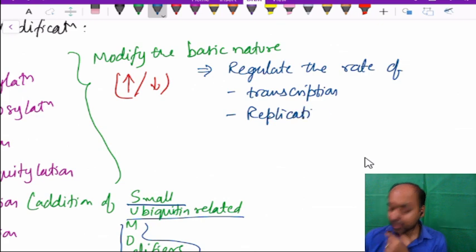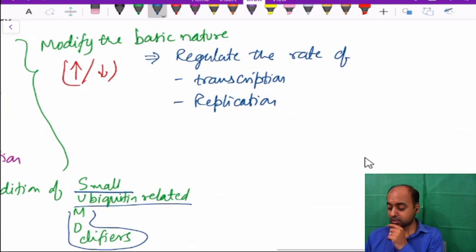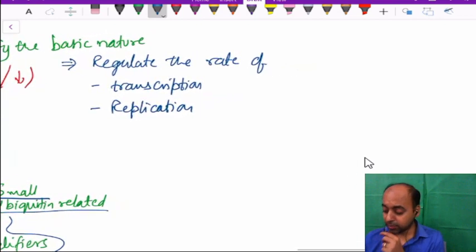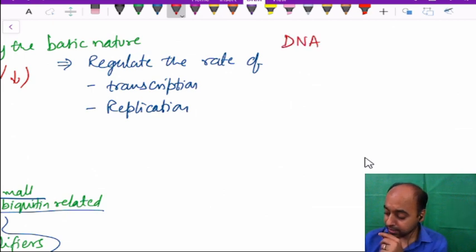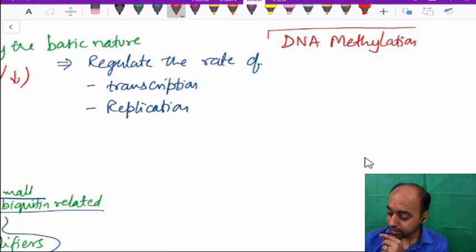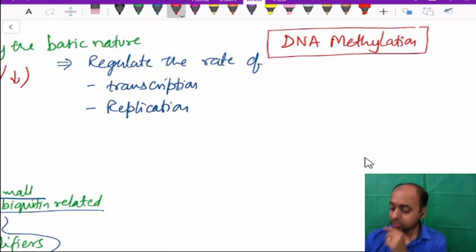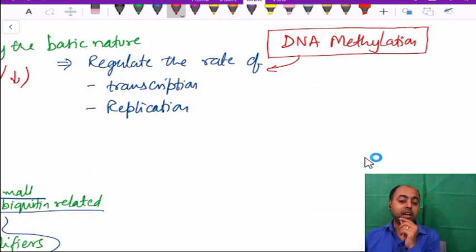Just like we have the covalent modification of the histones, we also have the DNA methylation. Please note, in the DNA we have only one possible change, that is DNA methylation, and it also contributes to regulating the rate of transcription and replication.